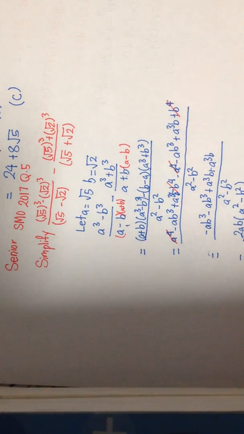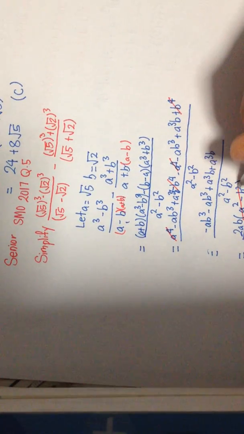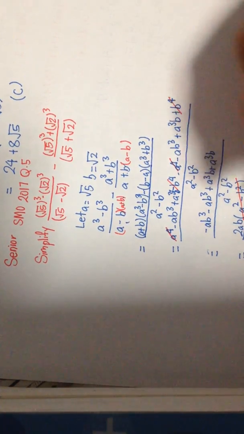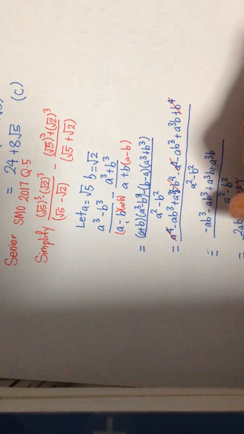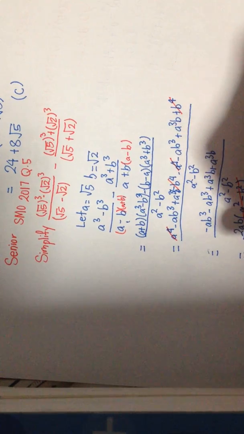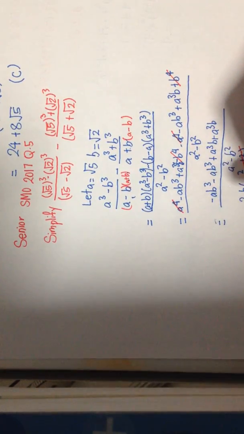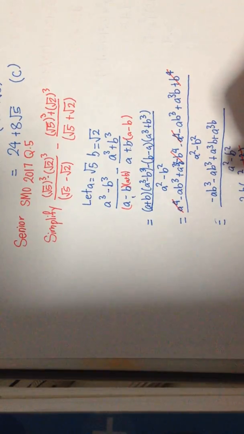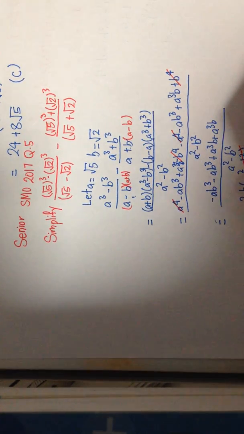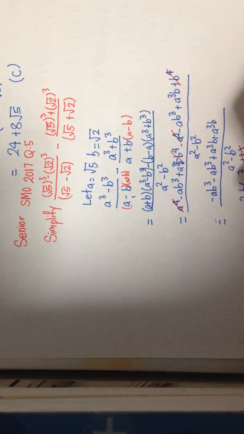So actually, I can cancel this entire fraction out and this fraction out. And now I am left with 2ab. And if we put this back to original form, this is 2 times root 5 times root 2. So this is equal to 2 root 10.